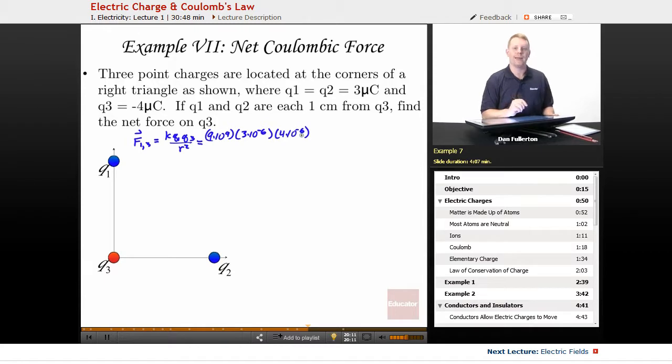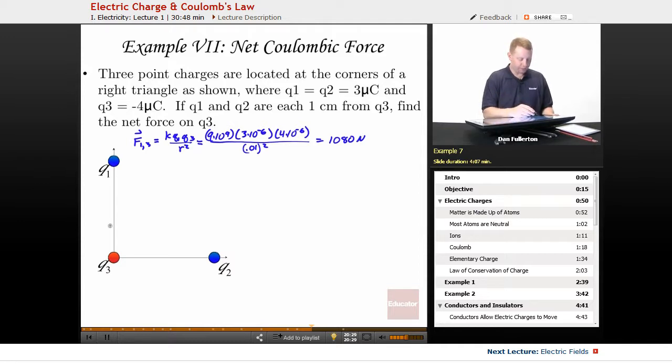I'm just going to work with magnitudes for now and figure out the directions when we're done, divided by the square of the distance between them. 1 centimeter is 0.01 meter, and we have to square that. So I end up with about 1,080 newtons when I plug that into my calculator.